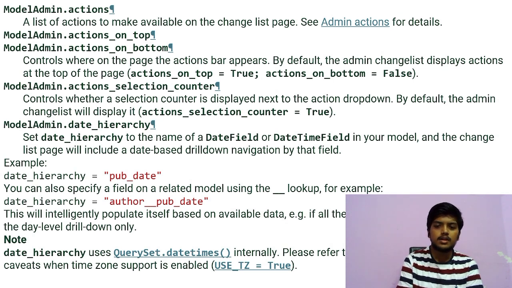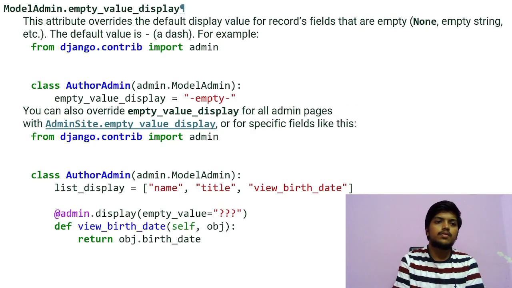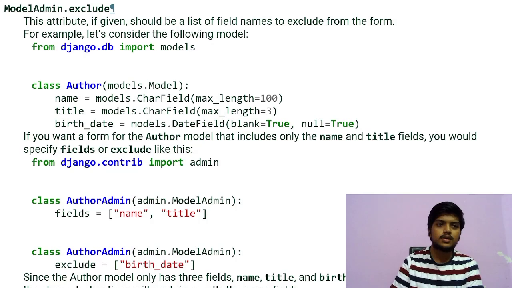For example, if all the dates are in a month, it will show the day level drill-down. ModelAdmin.empty_value_display attribute overrides the default display value for record fields that are empty. From django.contrib import admin, class AuthorAdmin(admin.ModelAdmin), list_display = ('name', 'title', 'view_birth_date'). @admin.display(empty_value='unknown') def view_birth_date(self, obj): return obj.birth_date.